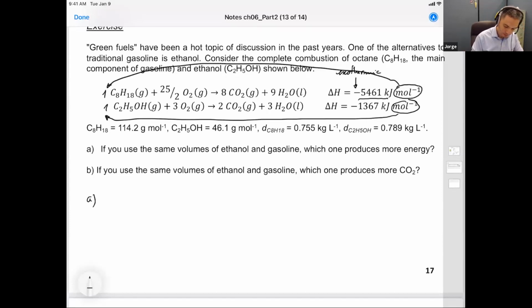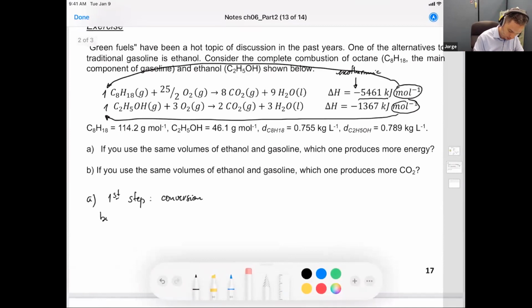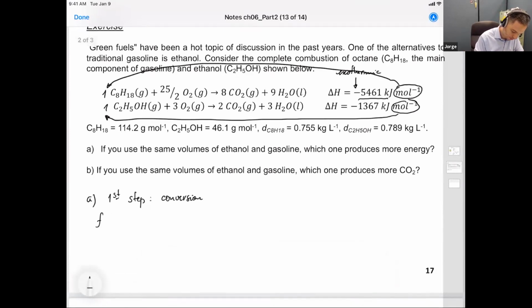Okay. So the first step here is the conversion from volume to mass.